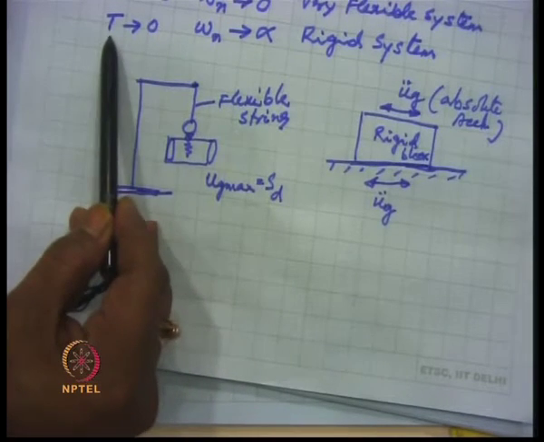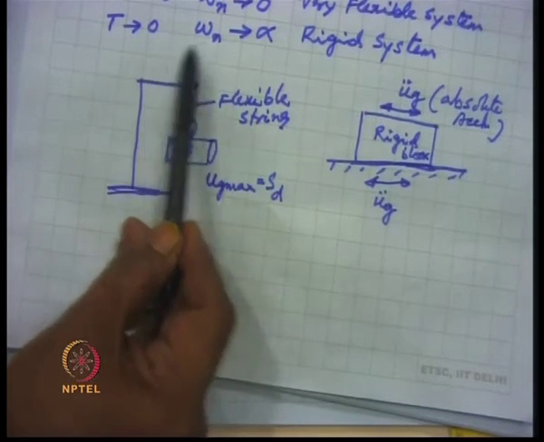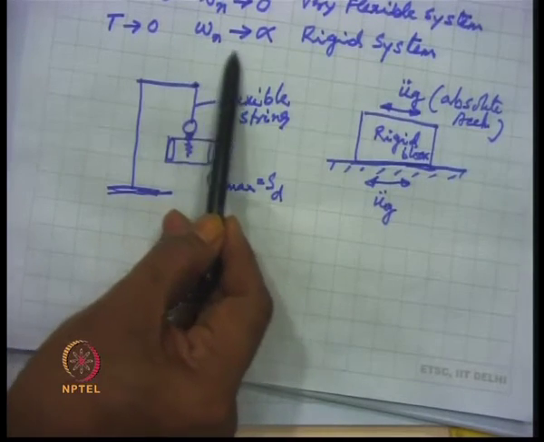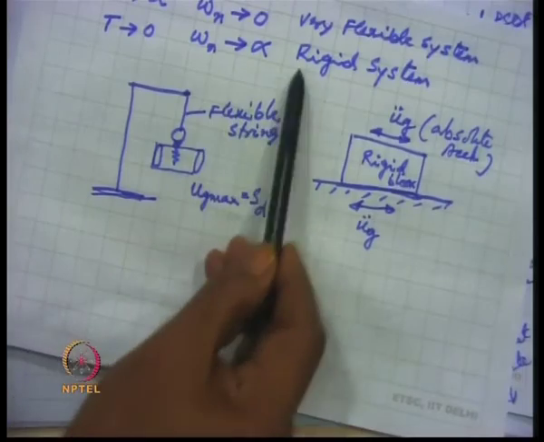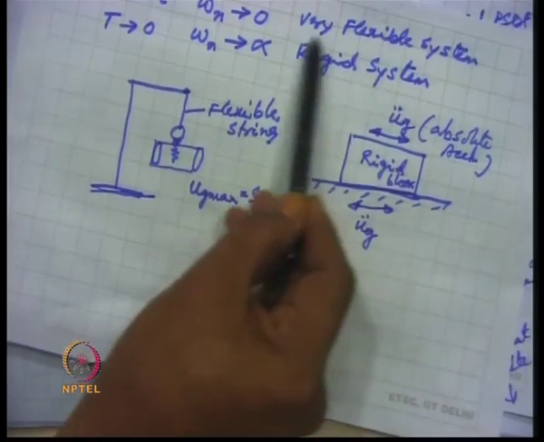On the other hand, when T tends to 0, the frequency of the system tends to infinity, and this is what is called a rigid system.